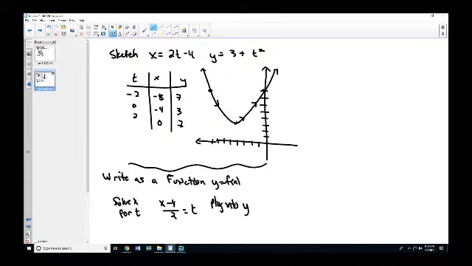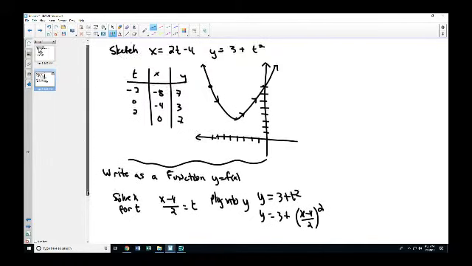So if y is 3 plus t squared, we have t. Just plug that in, and we get y equals 3 plus, oh, this is easier, x minus 4 over 2 squared. Gnarly. Well, it's pretty simple math, though. Yeah. It's an algebra problem.